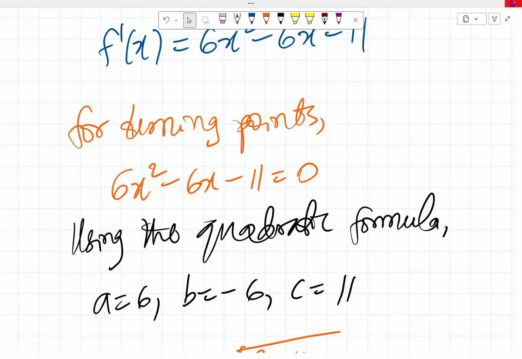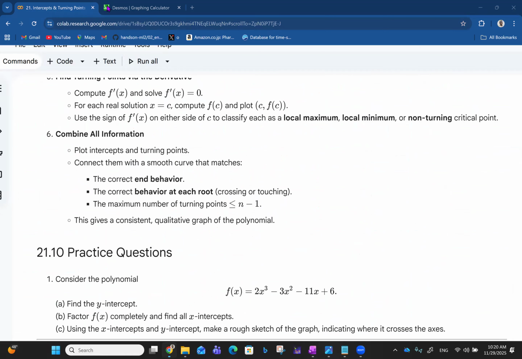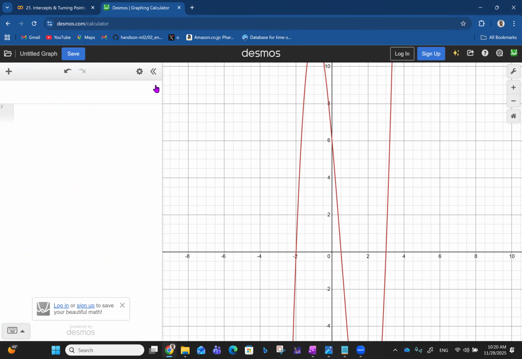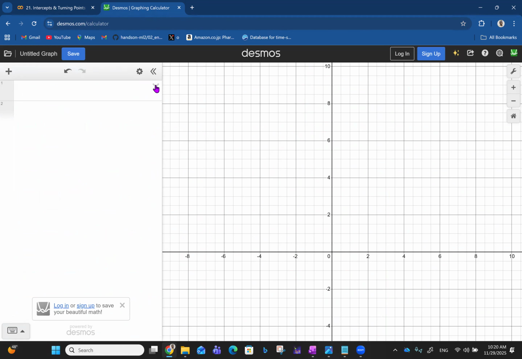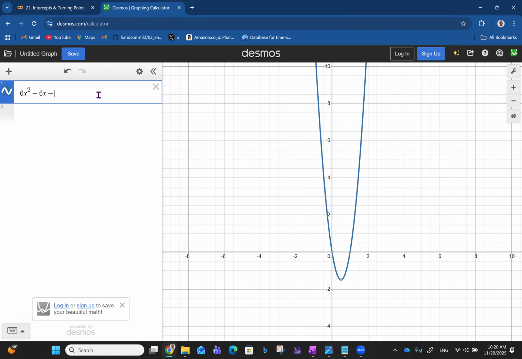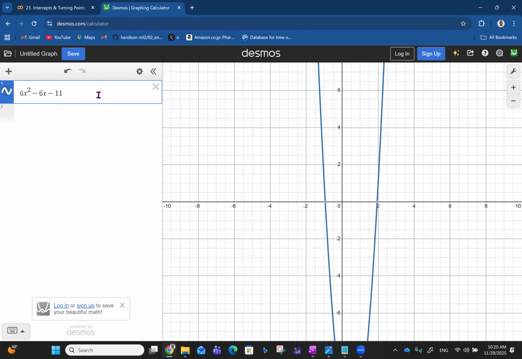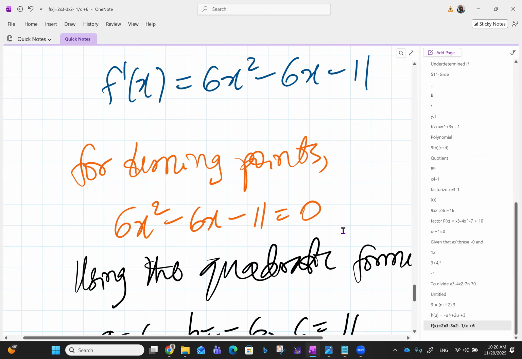Let me see that. 6x squared minus 6x minus 11. They are real roots now. Oh, I think it's my problem somewhere.